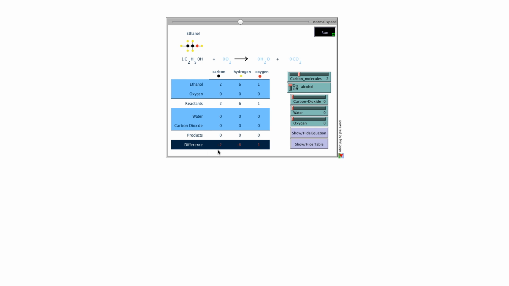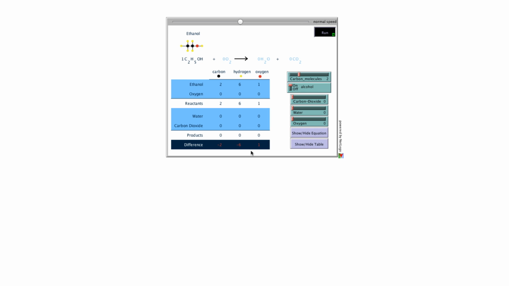Values in red in the last row mean the equation is not balanced for each of the atoms. The goal of balancing the reaction is to end up with the same number of carbon, hydrogen, and oxygen atoms in the reactants and products.